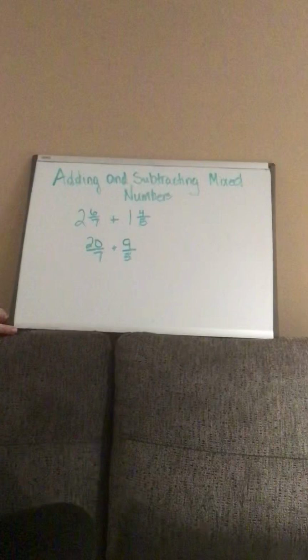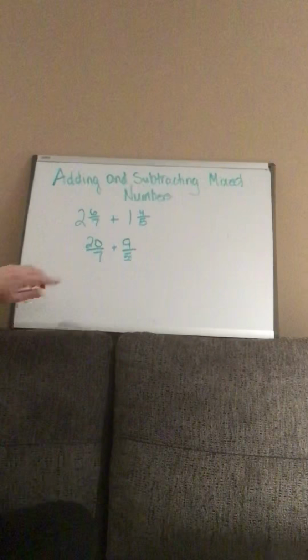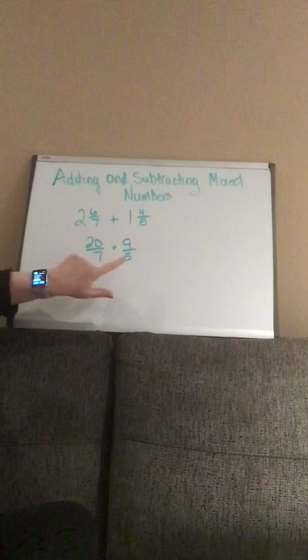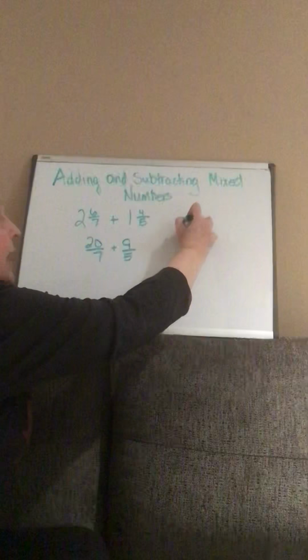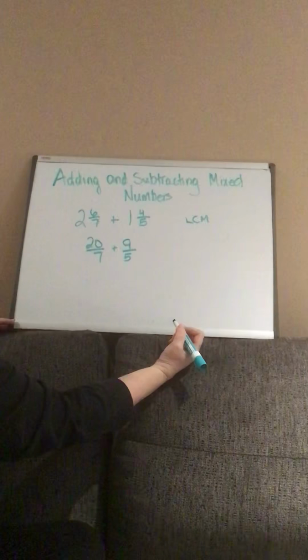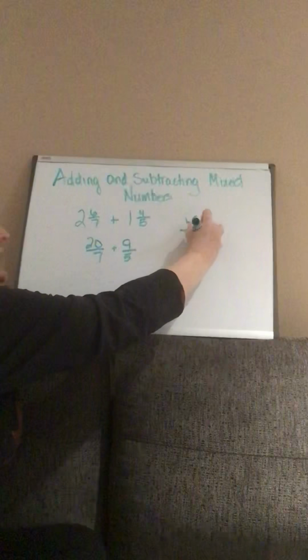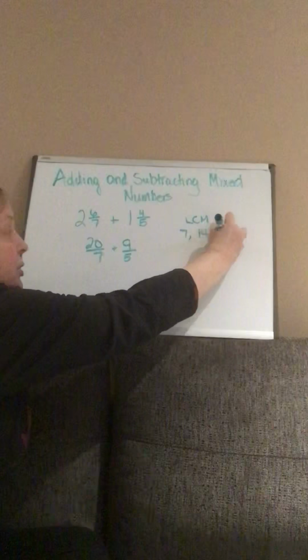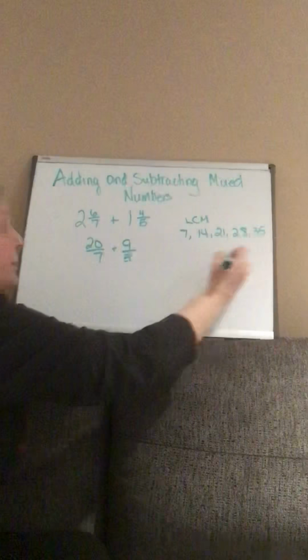Now I look to see if I can add my fractions. Well, as always, the first thing I look at is to see if I have a common denominator. And I don't. So I'm going to use that lowest common multiple to find my common denominator. So I'm going to do the multiples of 7, which are 7, 14, 21, 28, 35.